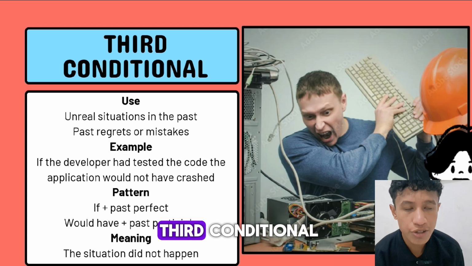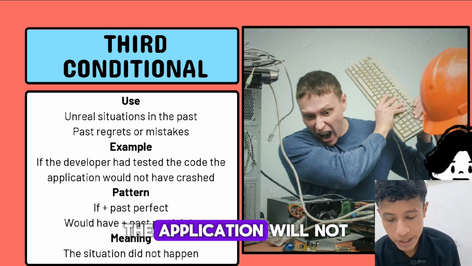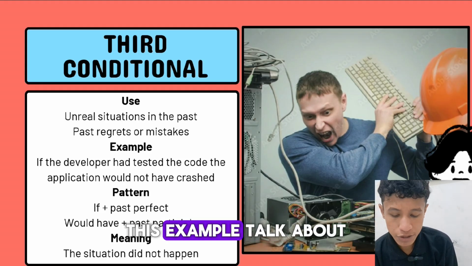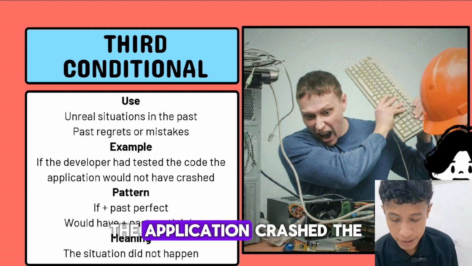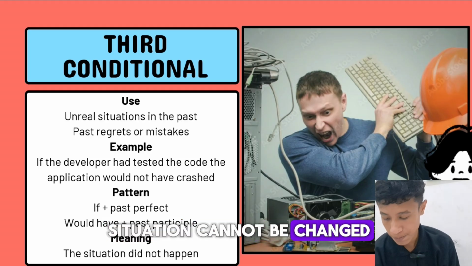Next one is the third conditional. If the developer had tested the code, the application would not have crashed. This example talks about the past. The testing did not happen. The application crashed. The situation cannot be changed.